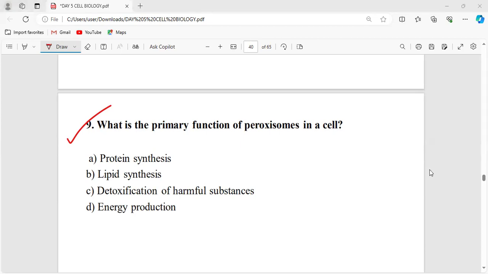Detoxification of harmful substances. Name the important enzyme present inside the peroxisome which is involved in the detoxification process. Name the important enzyme that is responsible for destroying all the harmful substances present inside the peroxisome.